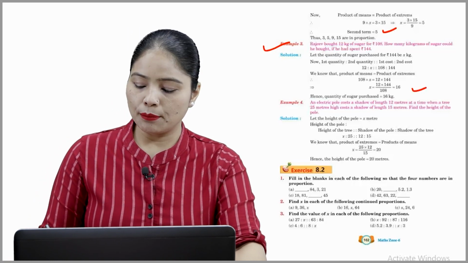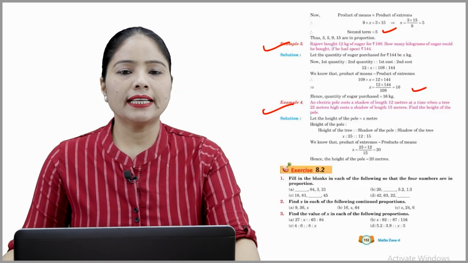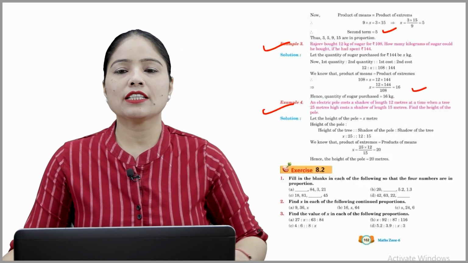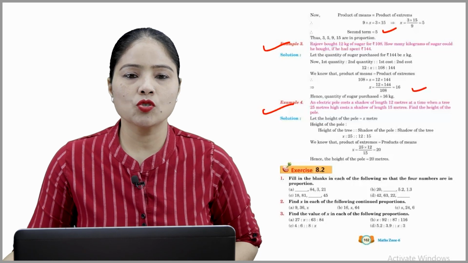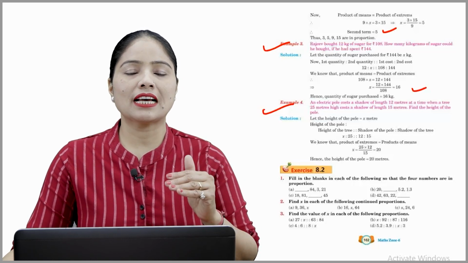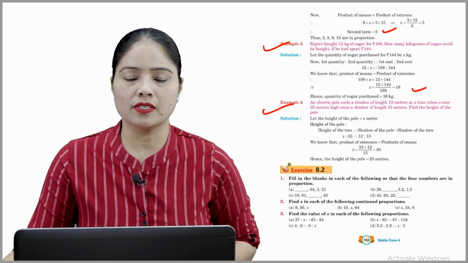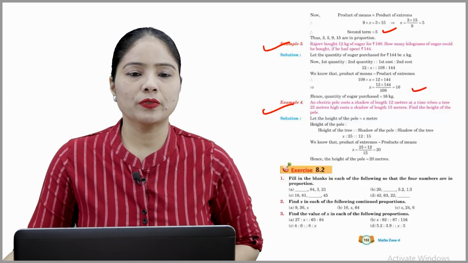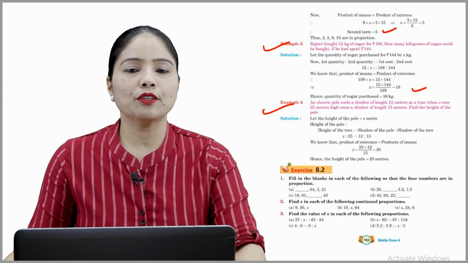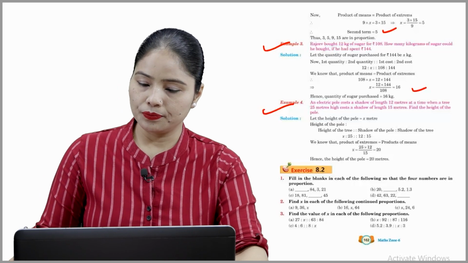Now example number 4. An electric pole casts a shadow of length 12 meters at a time when a tree 25 meters high casts a shadow of length 15 meters. Find the height of the pole. Solution. Let the height of the pole be x meters.